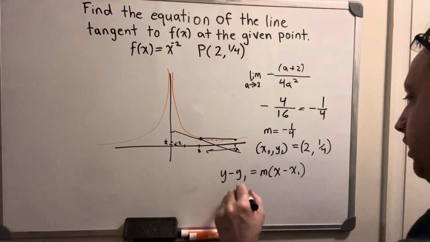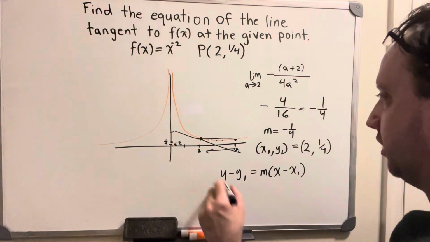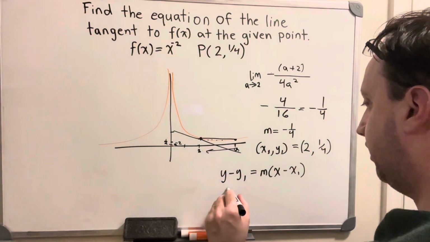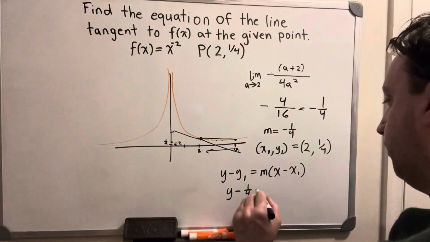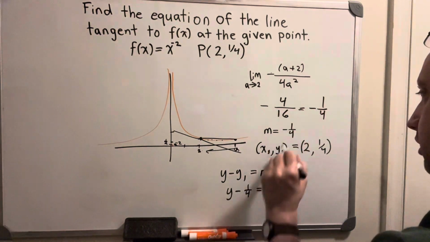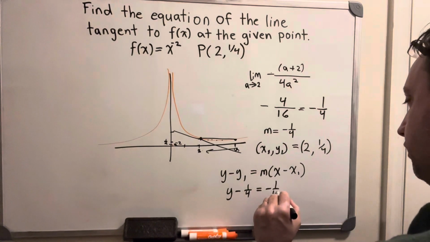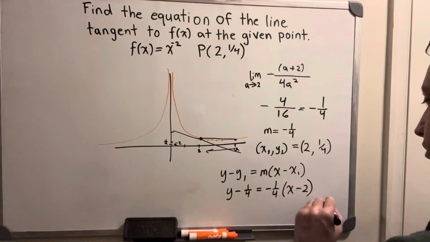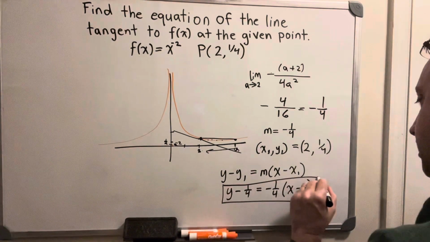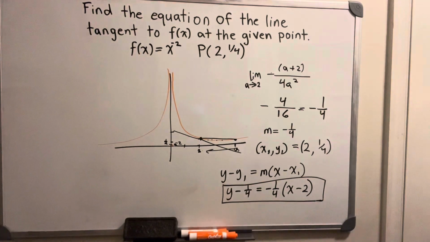Okay, so the equation for the tangent line is y minus 1/4 equals negative 1/4 times x minus 2. That's the equation in point slope form of the line tangent to x to the minus 2 at 2, 1/4.